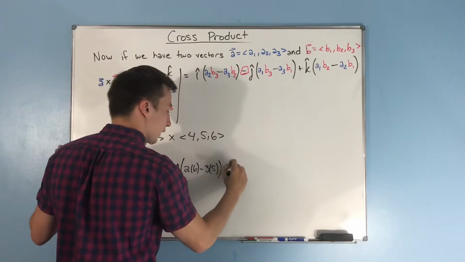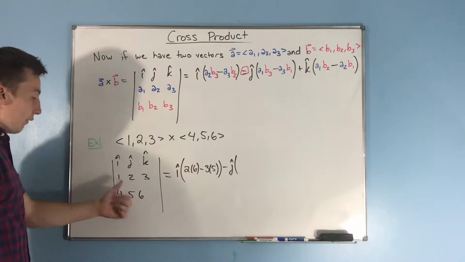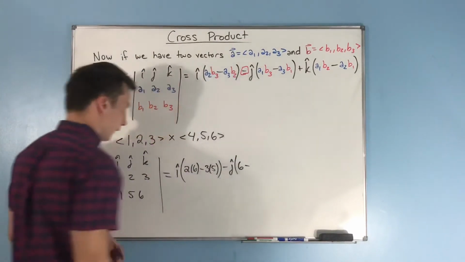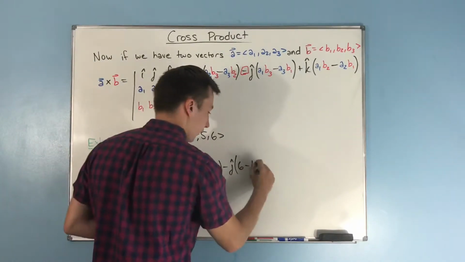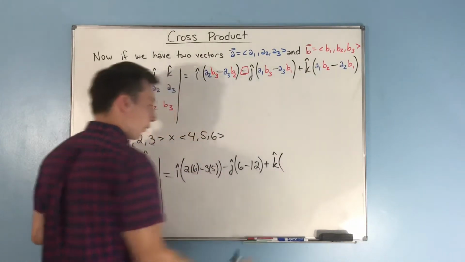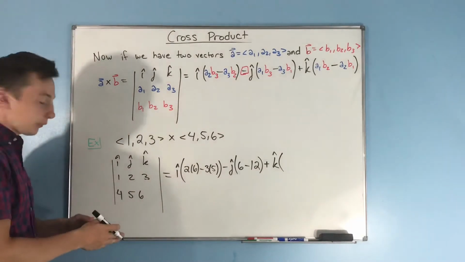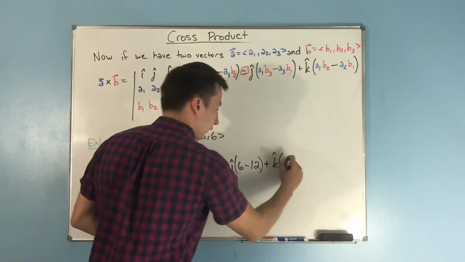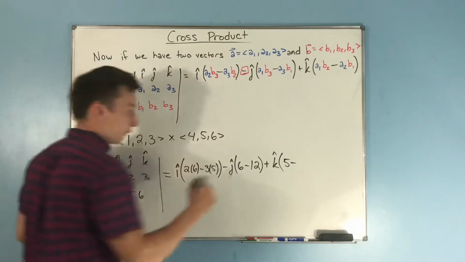Next, we're going to have minus j hat times 1 times 6, which is 6, minus 4 times 3, which is 12. Then we have plus k hat and the determinant of the 2x2 matrix 1, 2, 4, 5. That's going to be 1 times 5, which is 5, minus 4 times 2, which is 8.